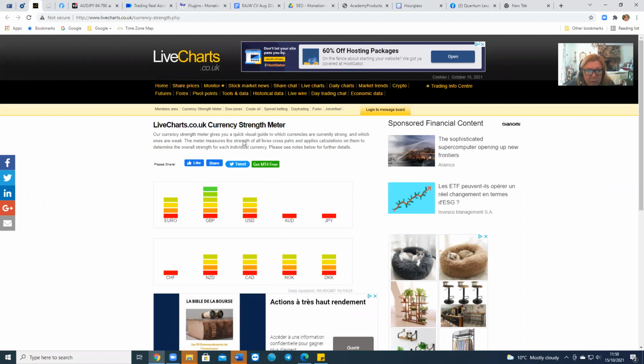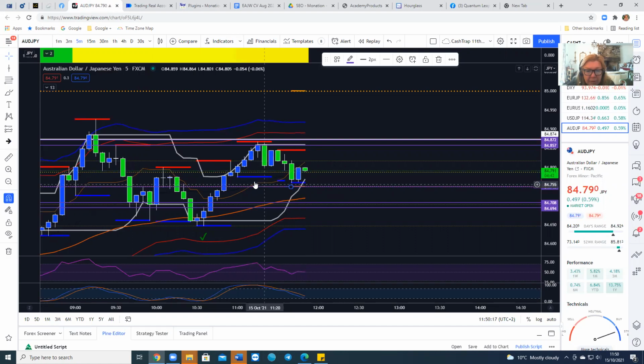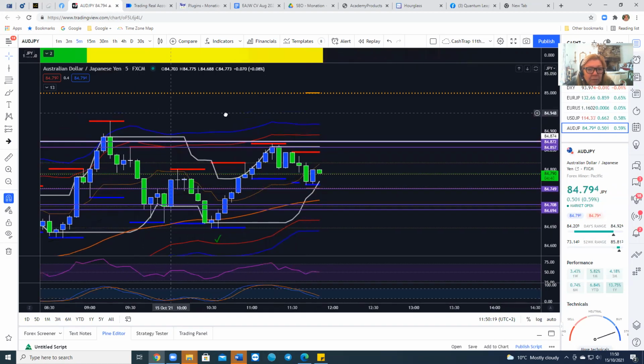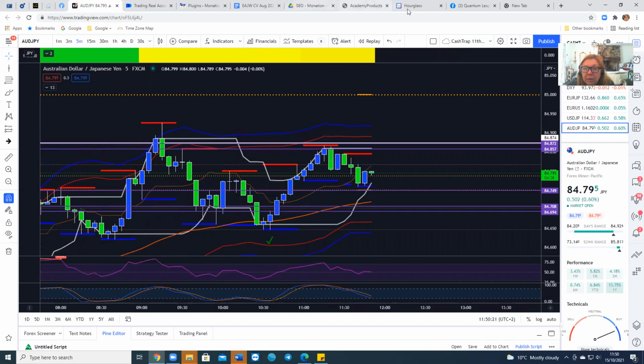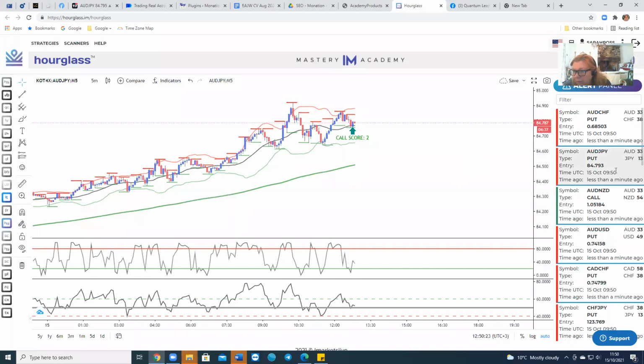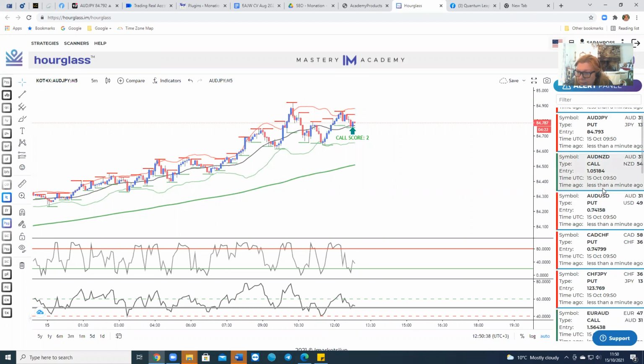And that's dropped back 1-1 now. And on our HourGlass, still saying Australian dollar is stronger at 31 to 13. So it did make that move up, but now it's doing a little bit of retrace back. So we'll leave that one at the moment.